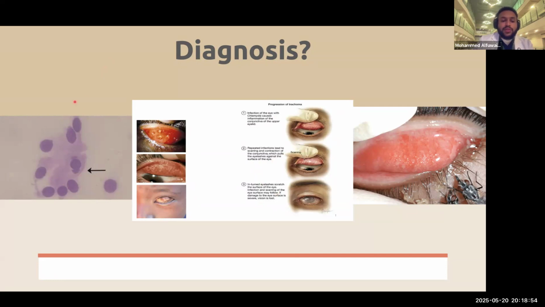Now, what do we see? What stain is this? This is what we call Giemsa stain. And what form of chlamydia do we see here?